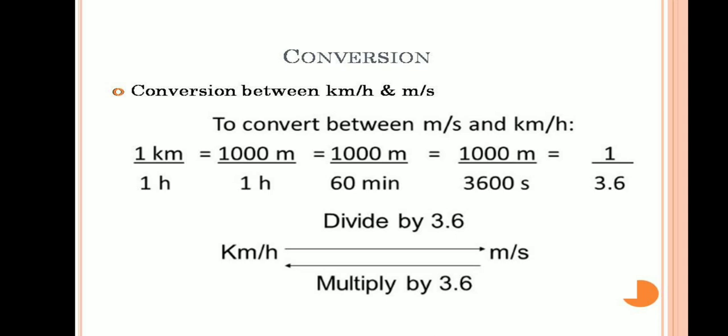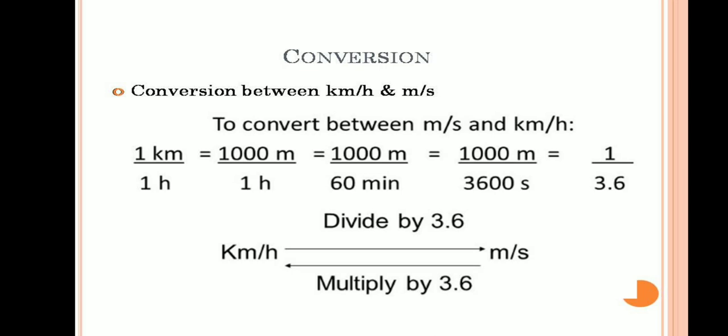Conversion between meter per second and kilometer per hour. We already know 1 kilometer equals 1000 meter. So first we are going to convert this. So 1000 meter. 1 hour is equal to 60 minutes, and 1 minute equals 60 second.